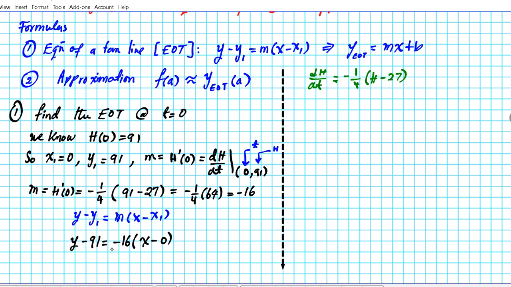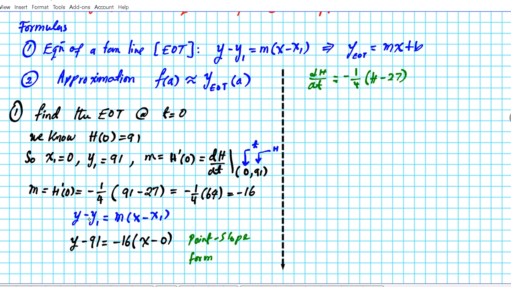This is the point-slope form of the equation of the tangent line, but we need the slope-intercept form. Why do we need the slope-intercept form? In order to carry out the approximation, we need y by itself, so we can just substitute the t value in there and basically be done with the problem.